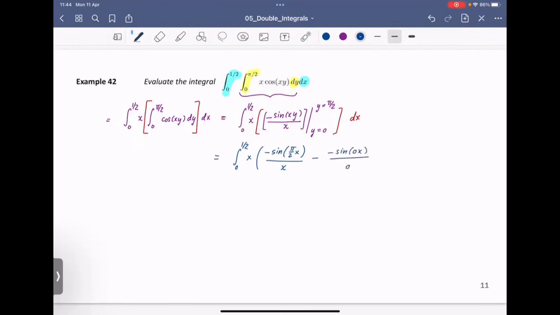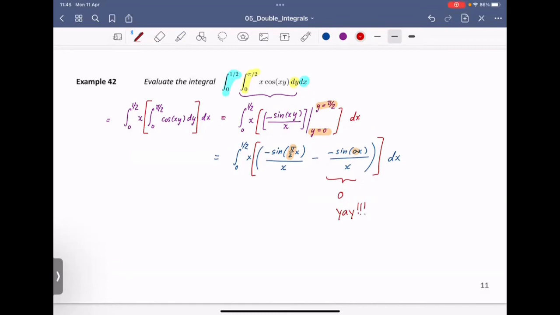Sorry. I didn't do anything other than plugging in. The thing inside the bracket here, I plug in pi over 2, I plug in number 0. And then this term is 0.